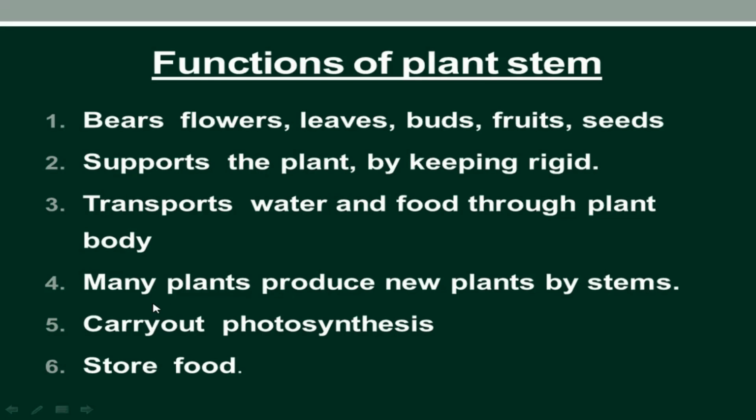Then we learned that many plants produce new plants by stem, carry out photosynthesis, and store food. Today we have learned about the diversity and function of the plant stem. In my next video I will explain diversity among leaves.